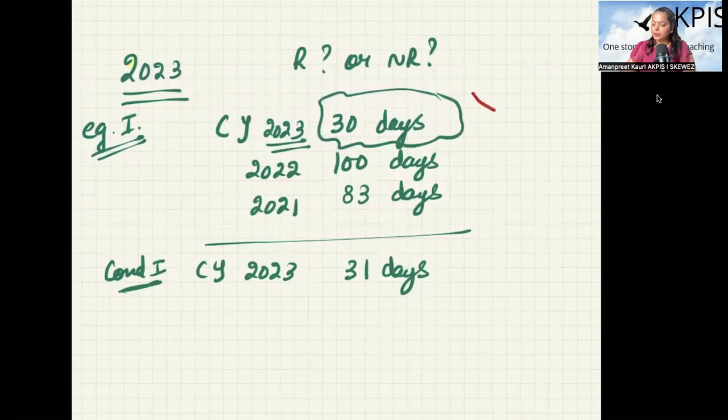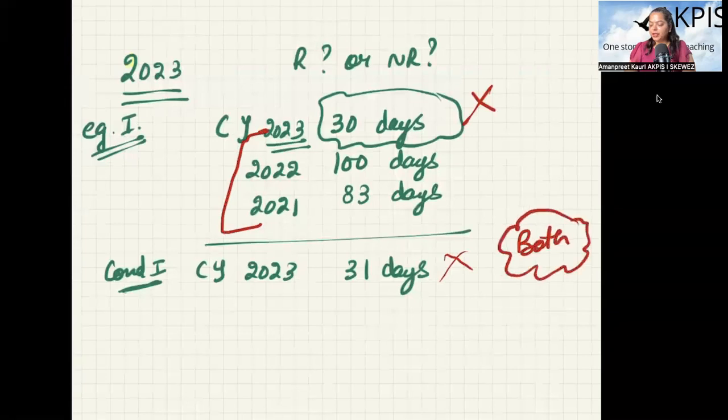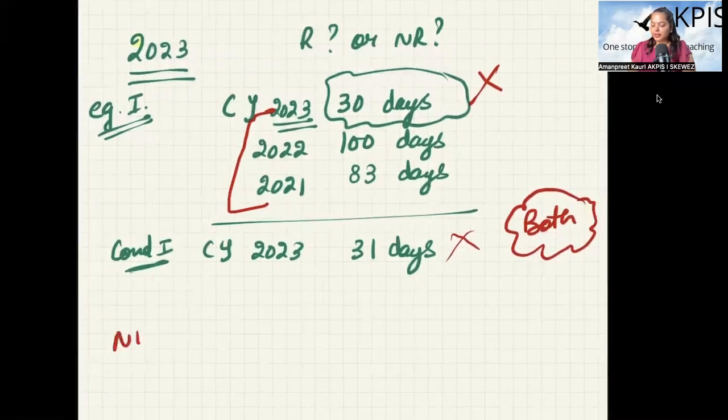The answer is no. So do we need to check the other condition of current year plus 2 previous years? No, because both the conditions need to be satisfied, both, right? So he is a non-resident alien. Why? Because he is not in the current year for at least 31 days. So he is a non-resident, right?